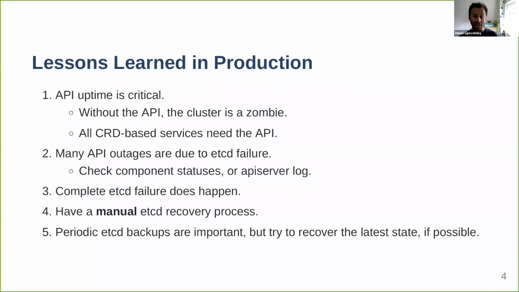Lesson number one is that API uptime is critical. Without the API, the cluster is a zombie. I neglected to insert a zombie meme here, but what I mean by zombie is that the workloads that you have running continue to run, but anything that needs API access really can't make progress. In the early days of Kubernetes, that was the core components.